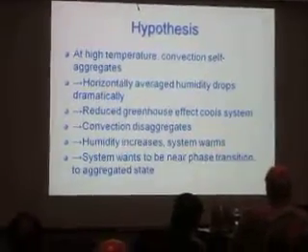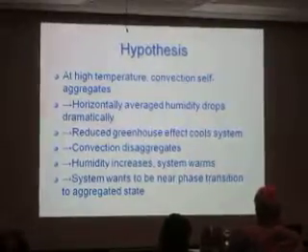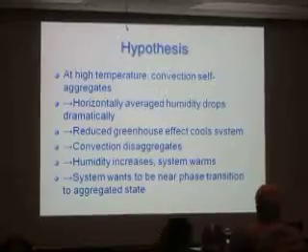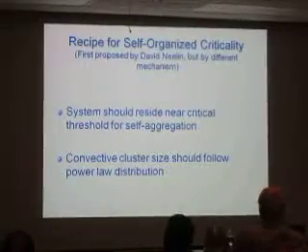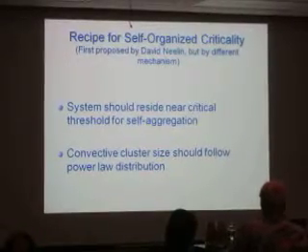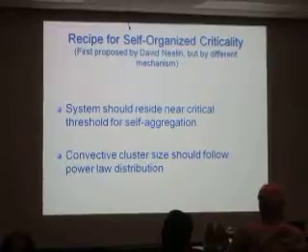So all this means that the system wants to be right next to this phase transition between aggregated and non-aggregated convection, which is sort of an example of what we call self-organized criticality in chemical systems. The system wants to be near its critical threshold for self-aggregation.